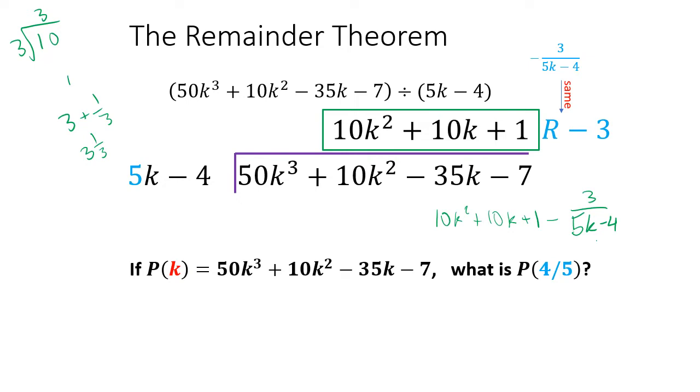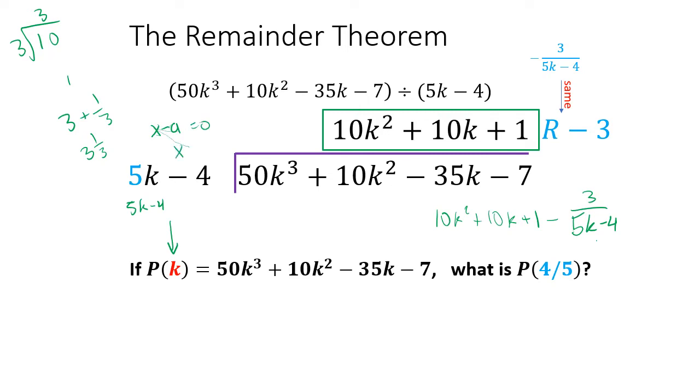Now, if we were to think about what k is for this problem, what is the value of k that would give me that remainder of negative 3, using the remainder theorem, I would take this 5k minus 4, the divisor, and whereas with x minus a you plug in a, that's because x is equal to a if you set this equal to 0.